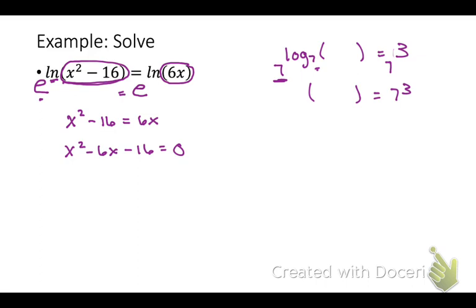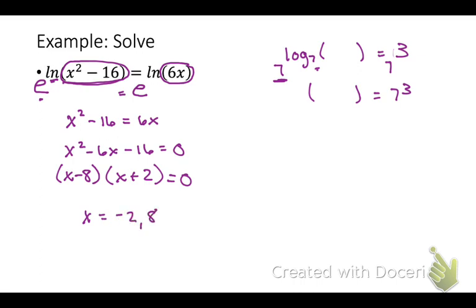You think I'm just talking when I tell you factoring never goes away. Factors of 16 that have a difference of 6: 8 and 2, right? So x equals negative 2 and 8.